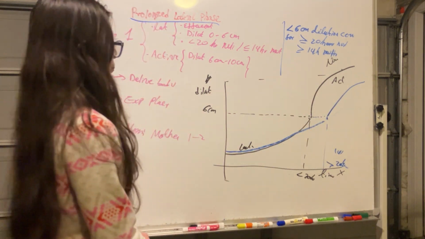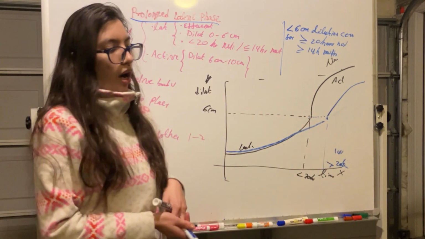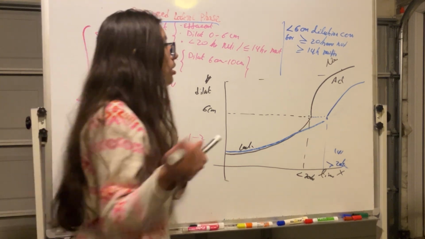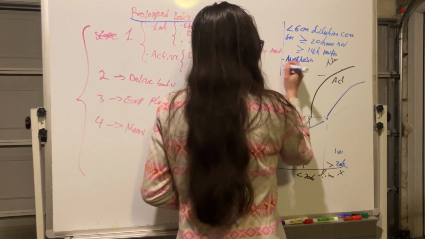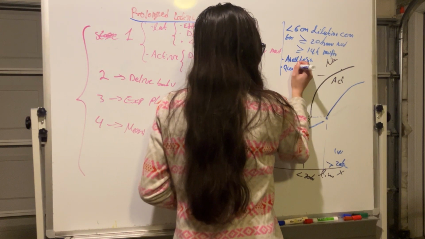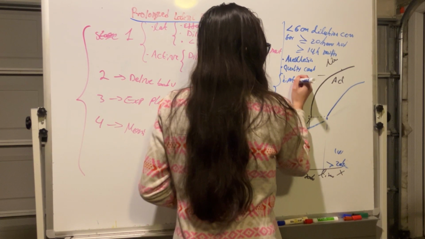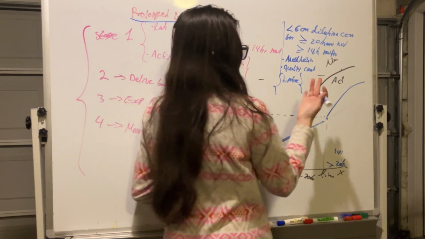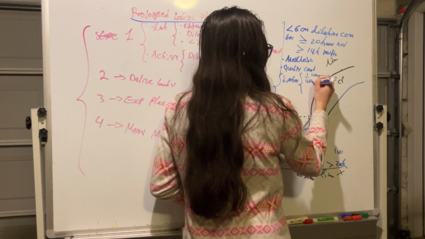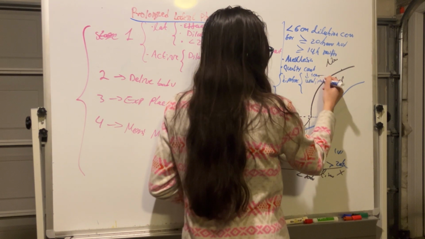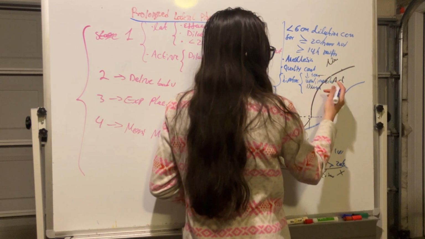So the causes of prolonged latent phase, basically why this is prolonged. This is because of anesthesia most of the time. So causes are anesthesia, but also the quality of the contraction. So we can have hypotonic contractions, which means contractions that are low in tone, weak, could be irregular, and the duration of the contraction is short.